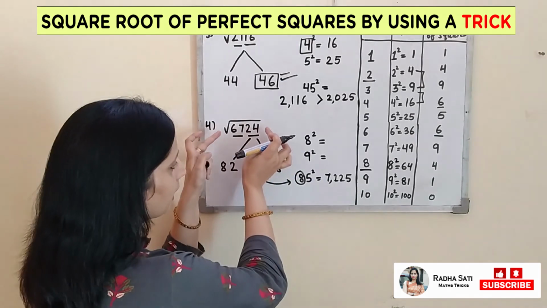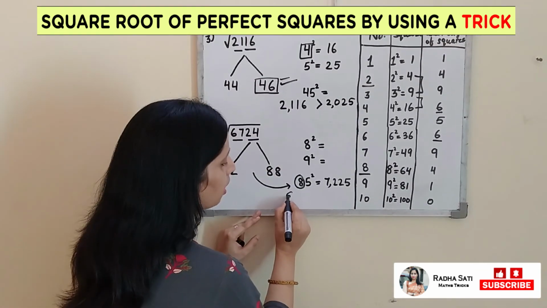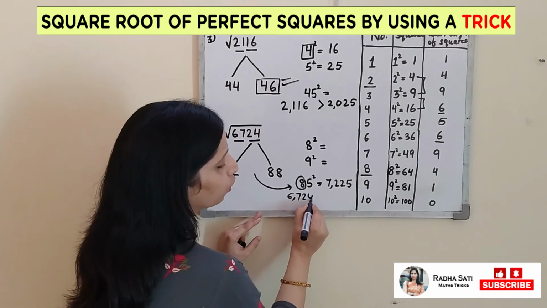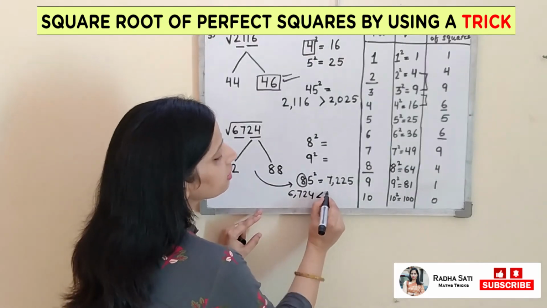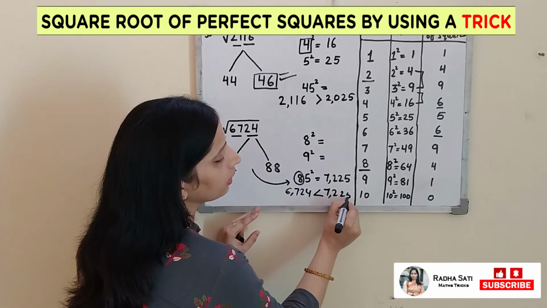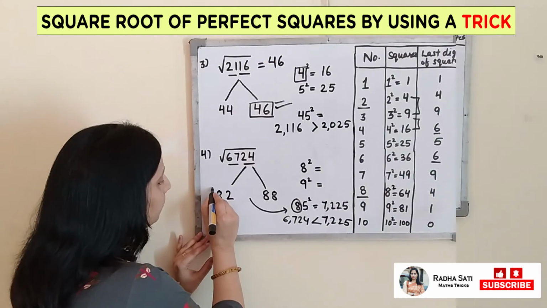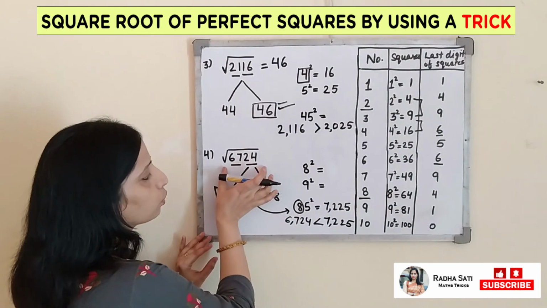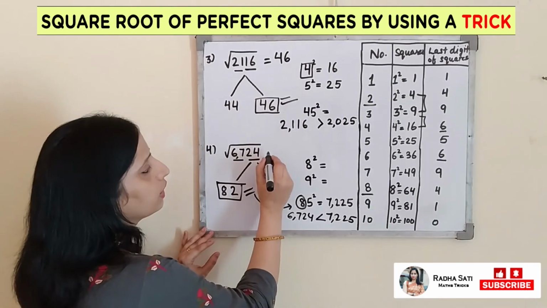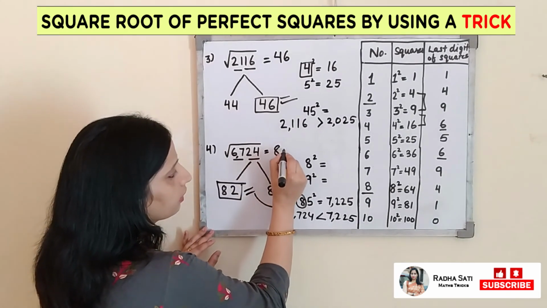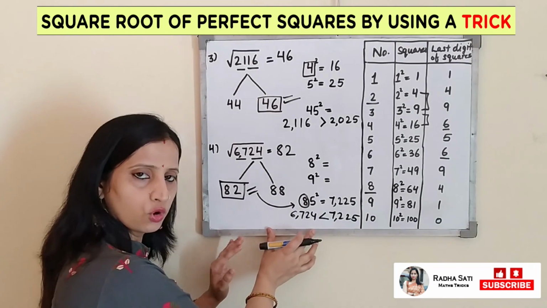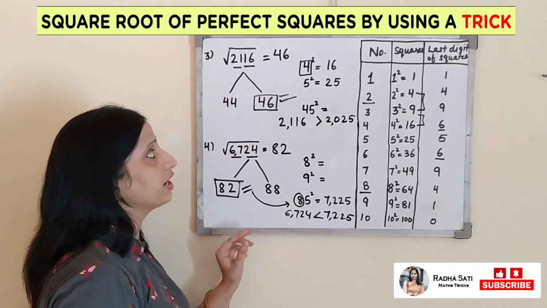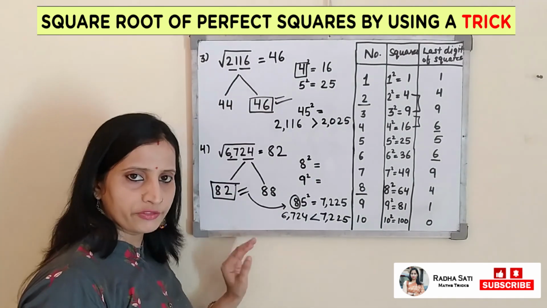And we can see that this number 6724 is less than 7225. So our answer will be 82. This means the square root of 6724 will be 82. Now I hope that you understood how to find the square root of a perfect square.